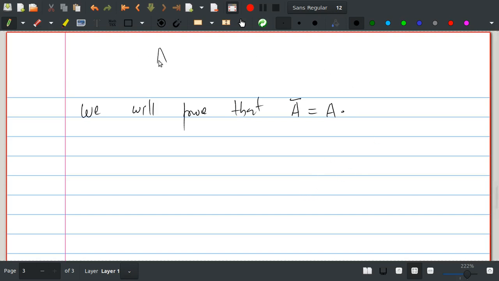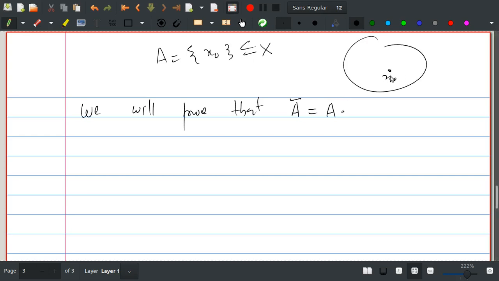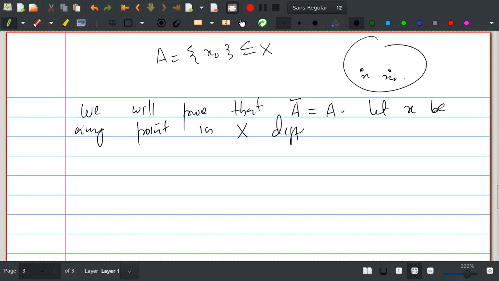Now we have A, this singleton {x naught}, which is contained in X. So this x naught will be a point in X. Now let us pick any point x in X different from x naught. By hypothesis X is a Hausdorff space, so we can separate these two distinct points by open sets.